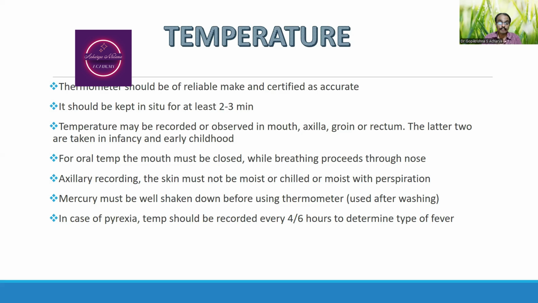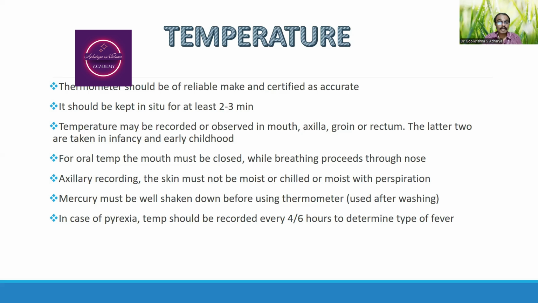While recording the oral temperature, the mouth should be closed and the mercury bulb of the clinical thermometer should be kept just below the tongue, that is in the sublingual region, and the breathing should be through the nose.